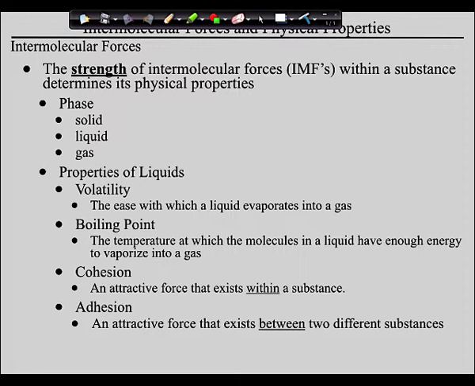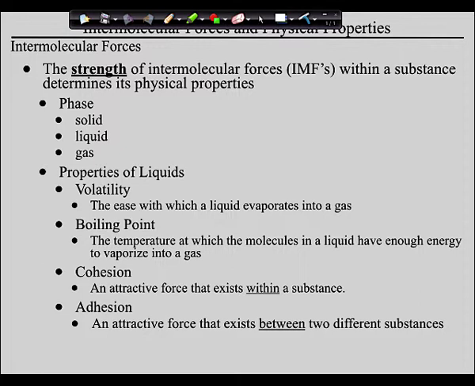We are going to talk about how polarity leads to intermolecular forces, and then how these intermolecular forces, first of all, determine if a substance will be a solid, a liquid, or a gas, and then how the liquids behave because of intermolecular forces dependent upon volatility, boiling point, cohesion, and adhesion. Once we've gone through the list, you guys are going to have time to do your homework. You guys ready to go? You're good? Is everyone caught up?